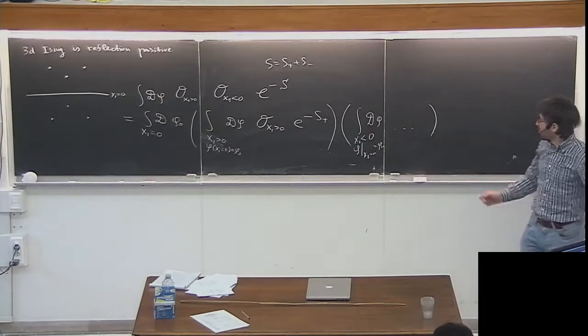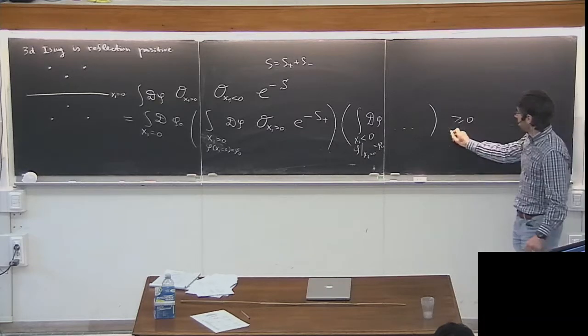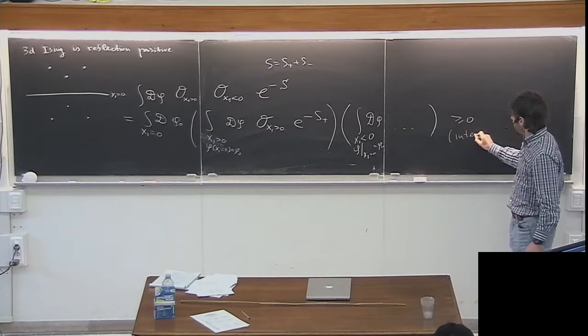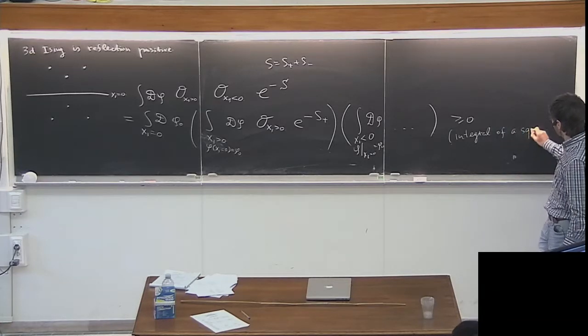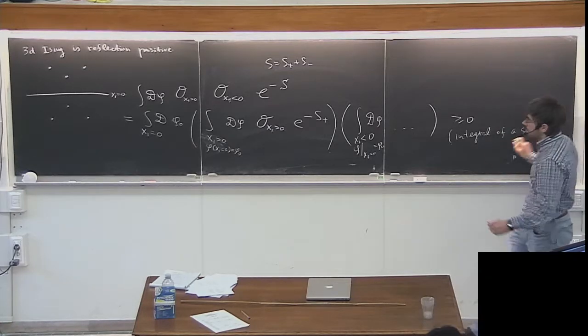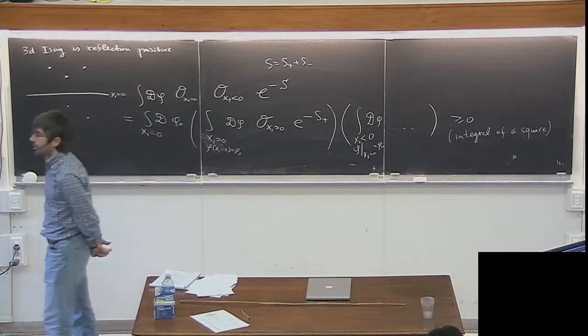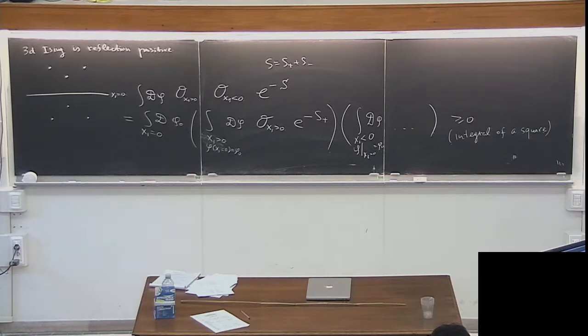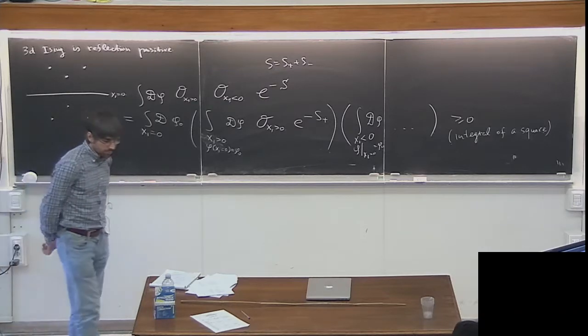So of course this is going to be a positive quantity, this integral of a square. So this argument shows that the Ising model is reflection positive on the lattice, and consequently it's going to be positive also in the continuum limit. So the CFT that is going to describe the Ising model critical point is also going to be reflection positive.